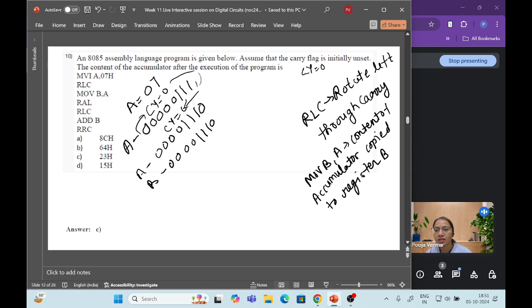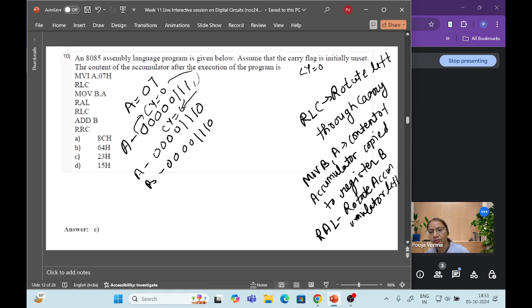So now the next instruction is RAL. What is RAL? It is also rotating the accumulator. Rotate accumulator left but without carry, right?